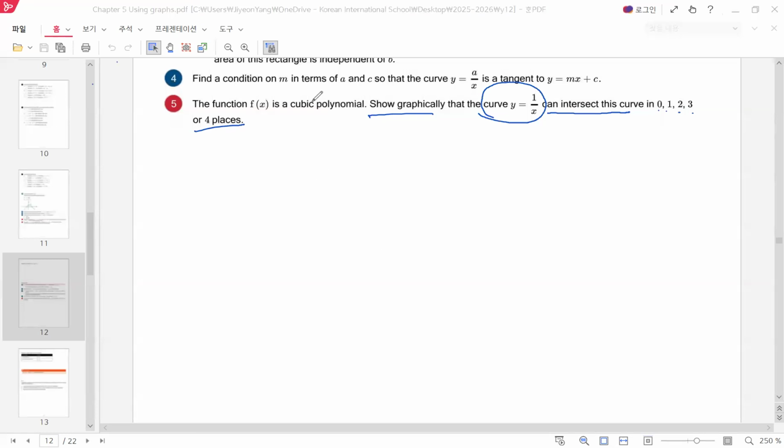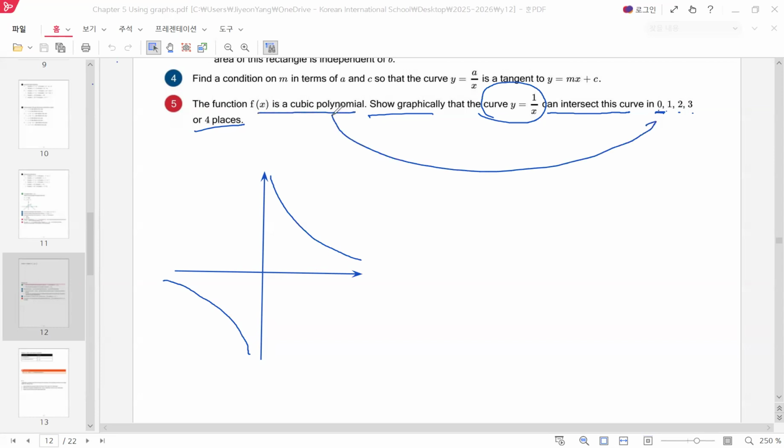Let's draw the graph y equals 1 over x first. And then let's start with a cubic polynomial with no intersection point, which is this way, y equals negative x cubed. Do you understand?